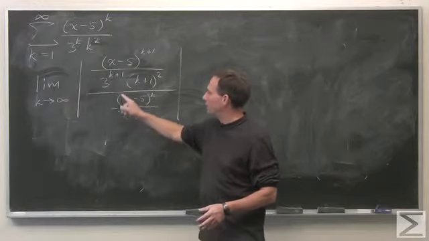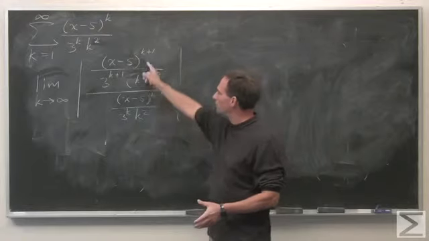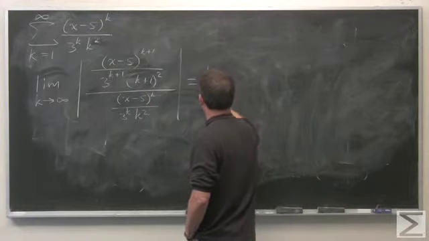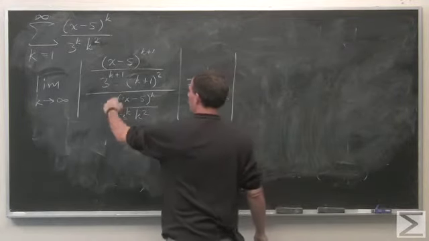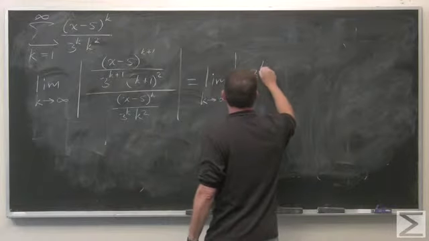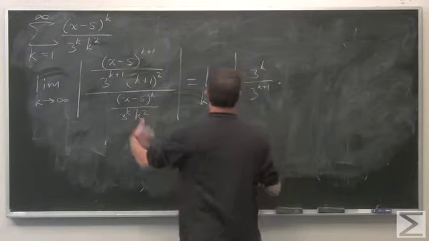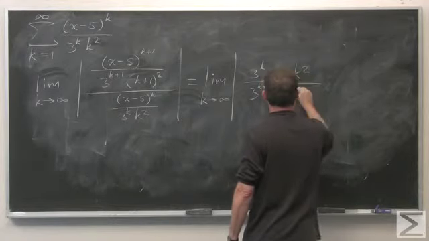So the 3 to the k and the 3 to the k plus 1, the k squared and the k plus 1 squared, the x minus 5 to the k plus 1, the x minus 5 to the k. We get the limit as k approaches infinity, and let me write it that way. So you invert and you multiply, you'll get a 3 to the k over a 3 to the k plus 1. You get times a k squared over a k plus 1 squared.